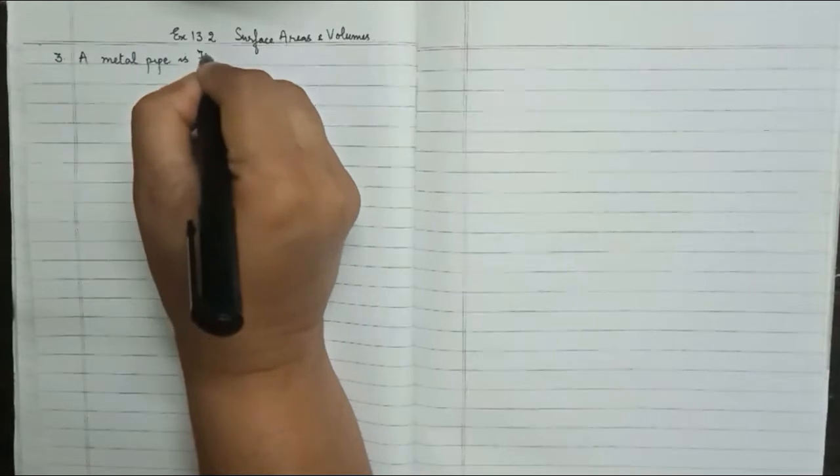Now question number 3. A metal pipe is 77 centimeter long.